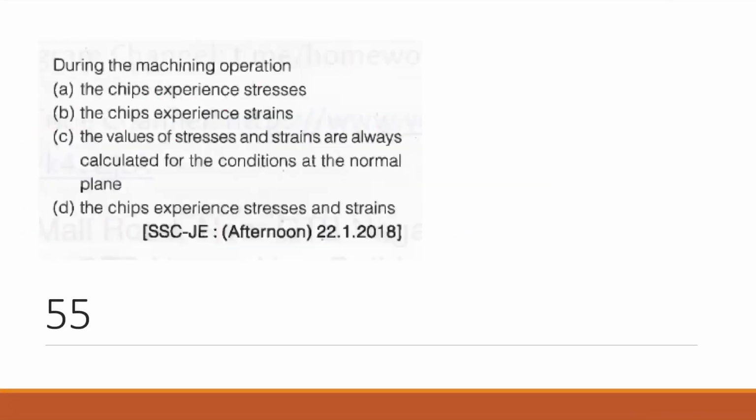Now the next question, question number 52. During the machining operation, the chips experience stresses, the chip experiences strain. The values of stresses and strains are always calculated for conditions at normal plane. The correct answer for this question is the chip experiences strain, right?